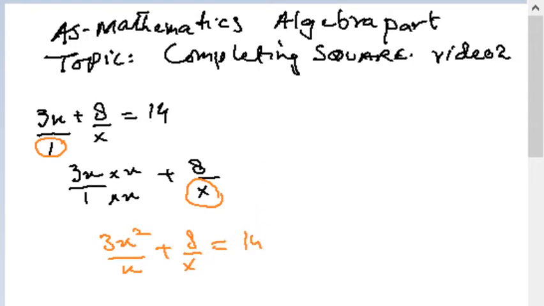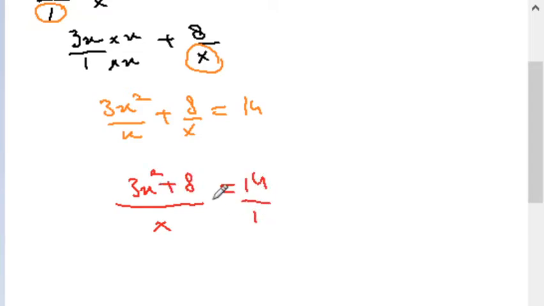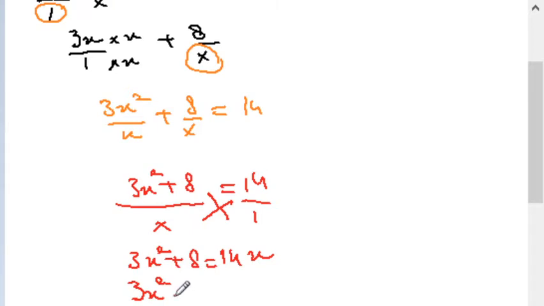Now look at the LCM. The LCM is x. So 3x square plus 8 over x equals 14. Cross multiplying, we get 3x square plus 8 is equal to 14x. Now 3x square minus 14x plus 8 equals 0.